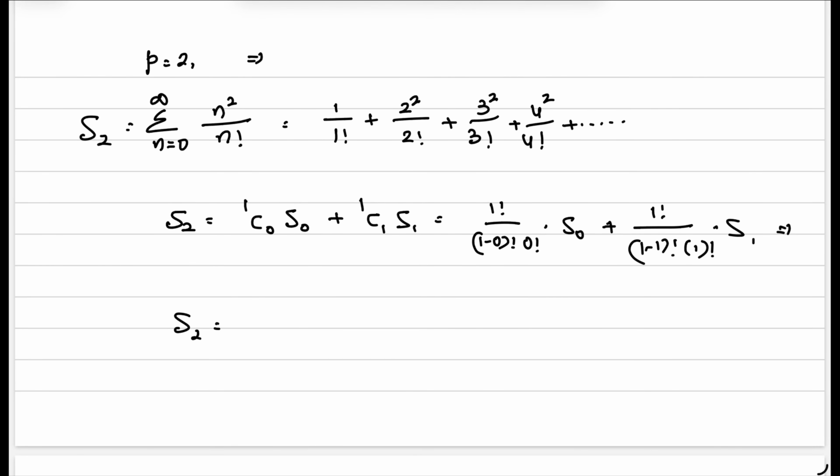Please try to understand how I am developing it. 1 factorial by factorial 1 factorial 0 into S0 plus 1 factorial by factorial 0 into factorial 1 into S1, that is equal to 1 into E. S0 is E. We know S1 is also E. Plus 1 into E, that is equal to 2E. S2 is equal to 2E.